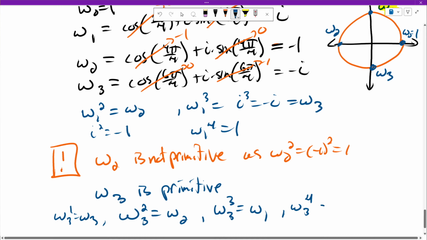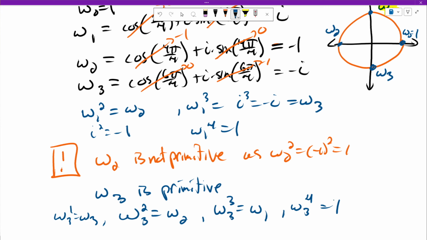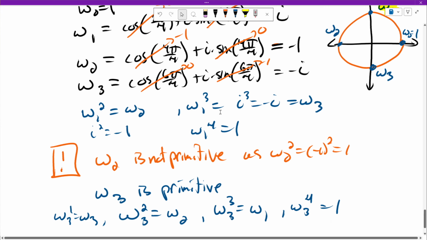W3 to the fourth is 1, and you get all of them just with W3. So there's two primitive fourth roots of unity. There's W1 and W3 as in the picture. All right, so in 19, they also have us asking us to do n equals 5. I think this gets the point across, though, although I encourage you to work out what happens when n equals 5.